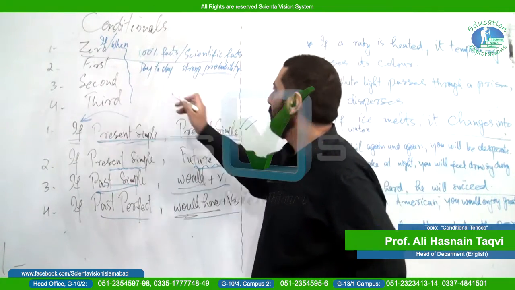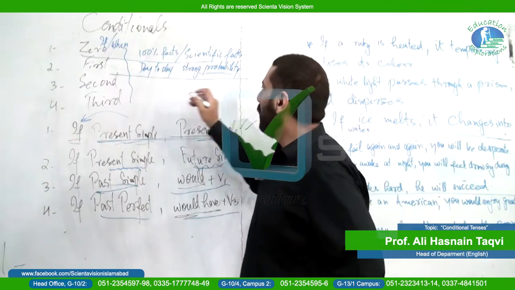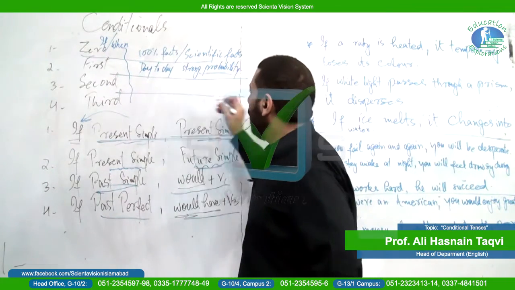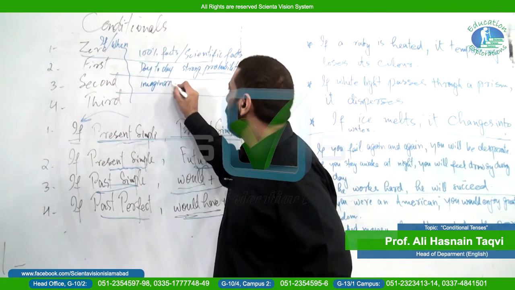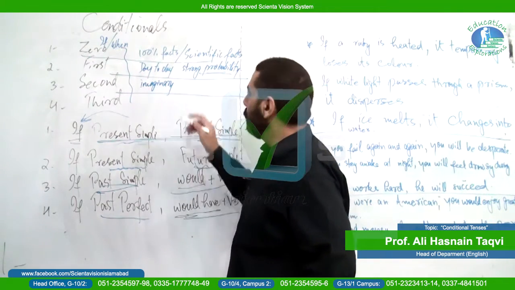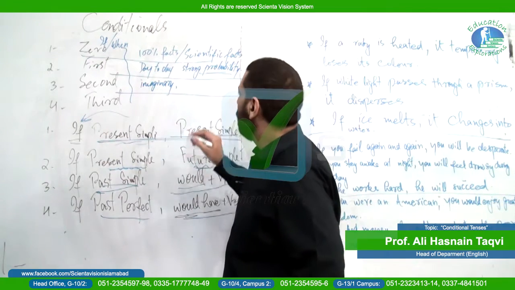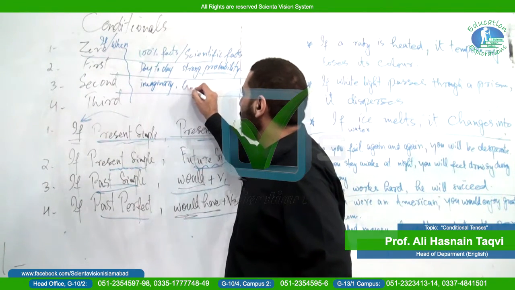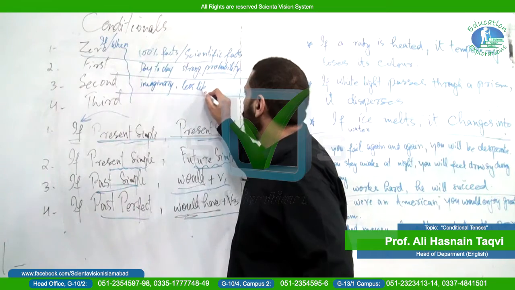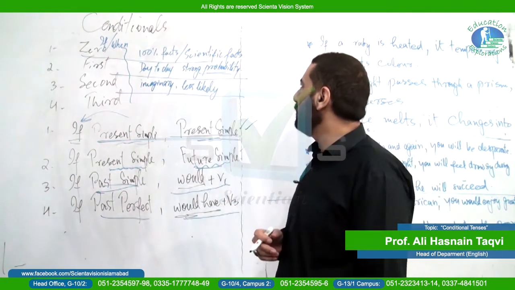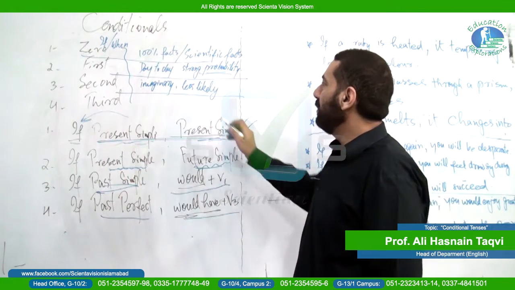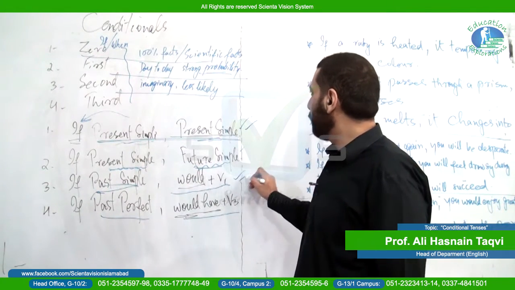If instead what you are saying is imaginary, or maybe it is related to day-to-day scenario, but less likely, that means there is less probability of that happening, then you use this second conditional.